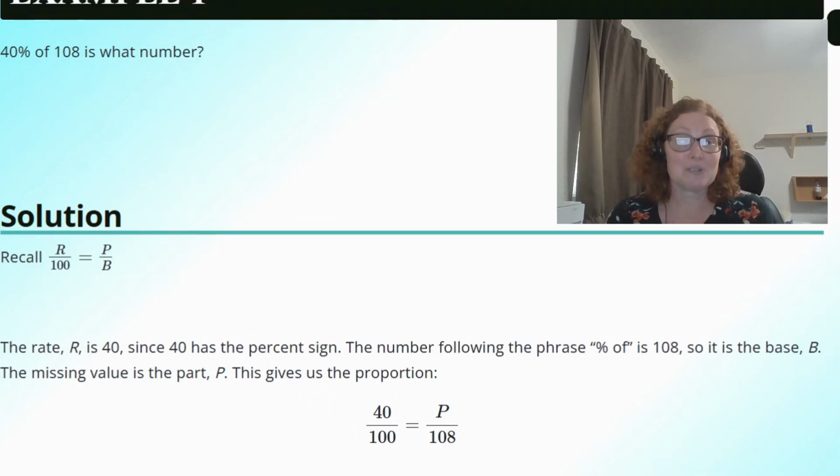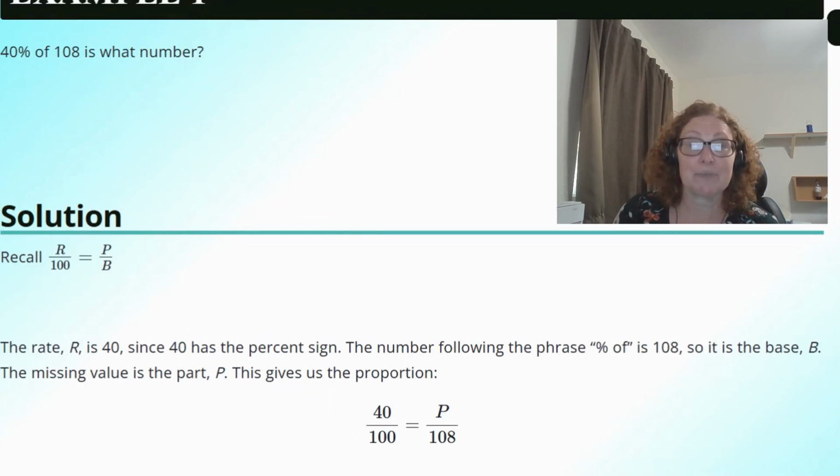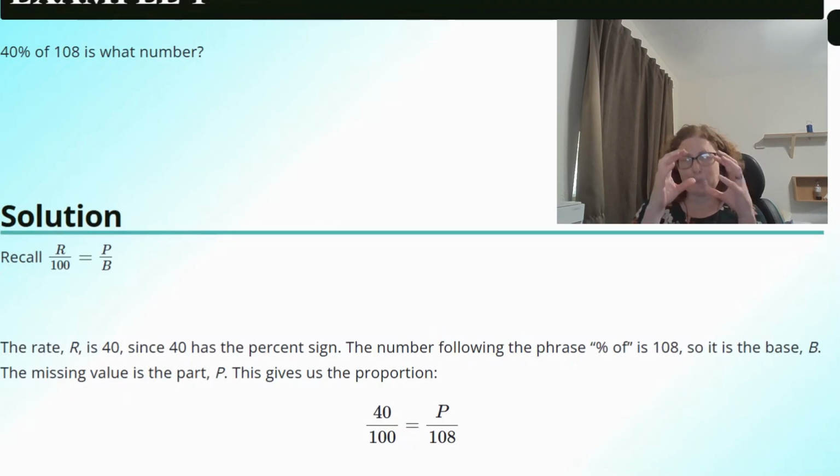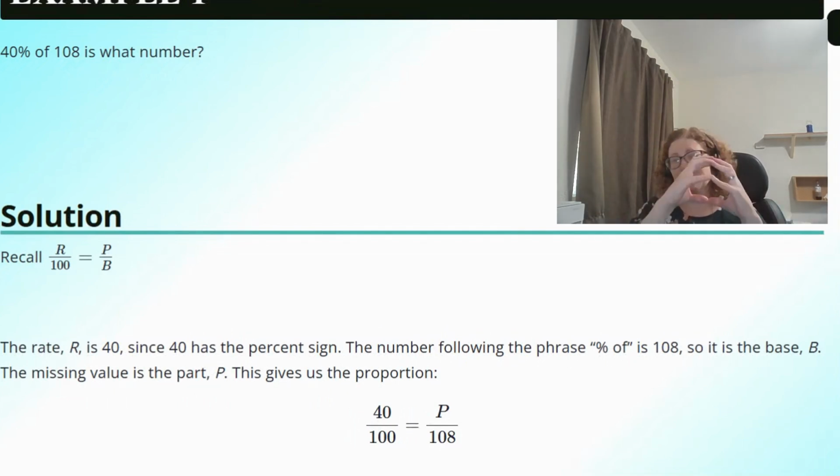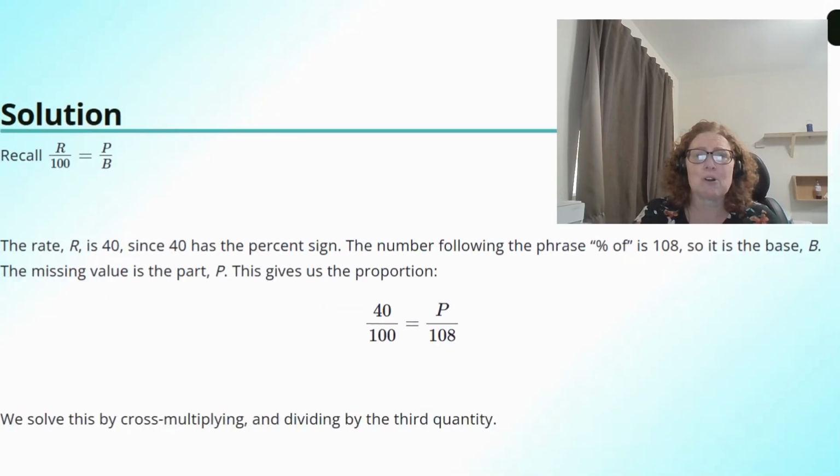The number following the phrase percent of is 108, so it's the base, or B. And the missing value is the part, so P. That's what we want to know, because we're looking at a portion of 108. So 108 is the big picture, and we want to know what 40% of this big old 108 is.